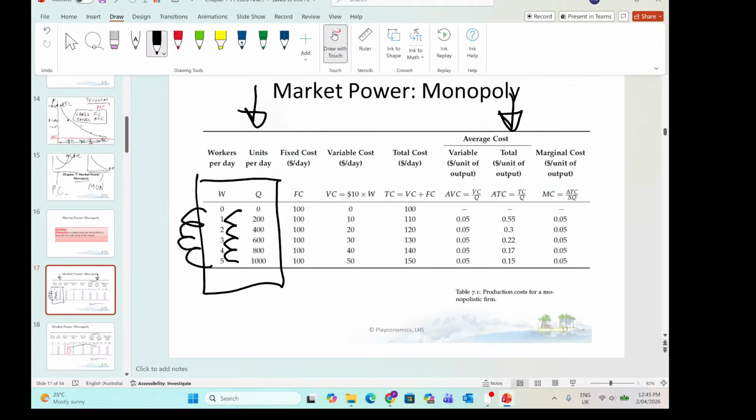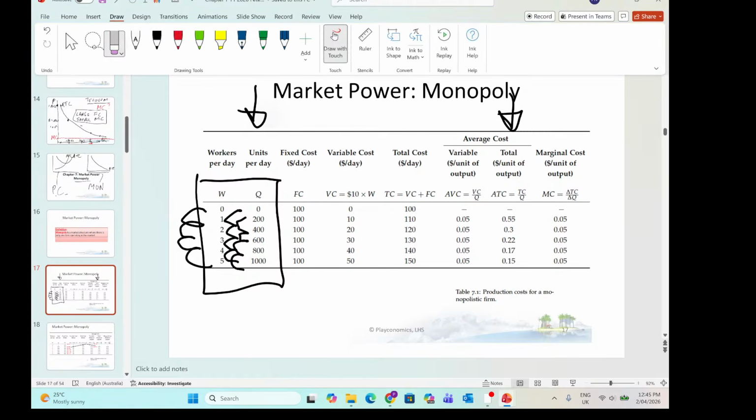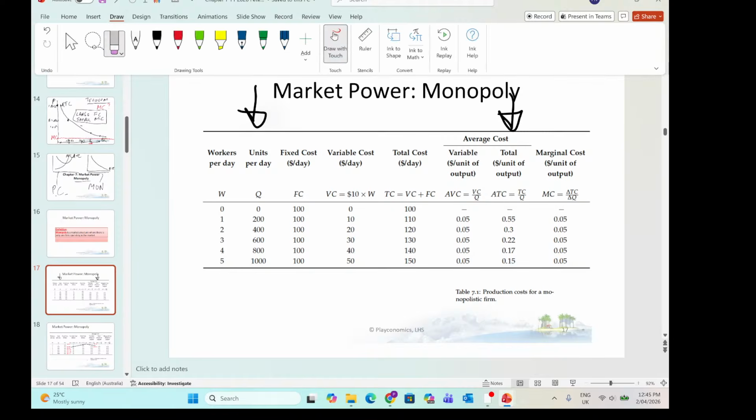What we're seeing is that the marginal output is 200, 200, 200, 200, all the way down. So we've got a constant marginal output. When we see a column like that, we know that the law of diminishing returns is not applying here.